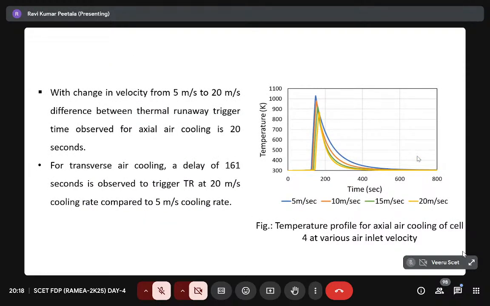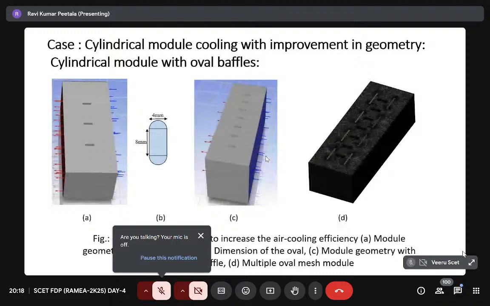From this we can conclude that from 5 to 20 meters per second, with axial airflow at 20 meters per second, the thermal runaway is delayed by around 161 seconds compared to 5 meters per second.